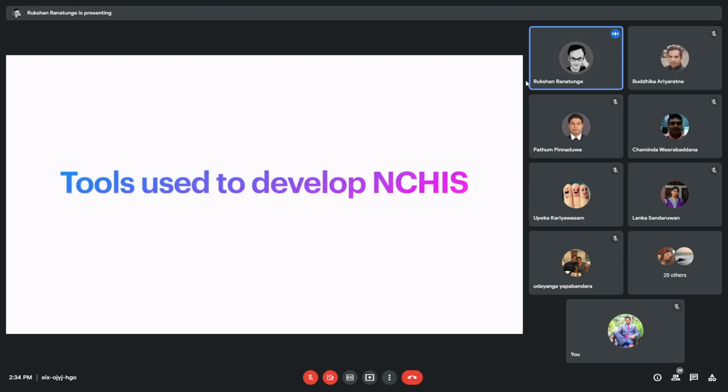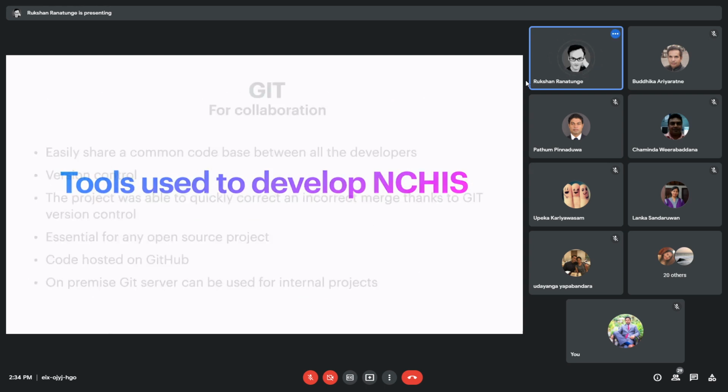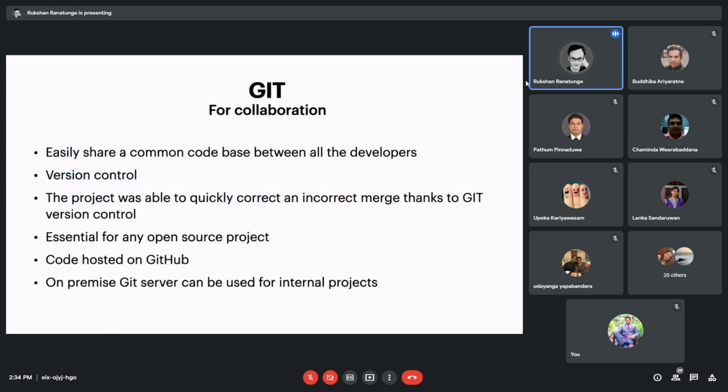So now about the tools that we use for the development of the National COVID Health Information System. One of the important tools is Git. Git allowed us to decentralize the source code and sync it between all the developers in the community. And it is an essential tool for any open source project.